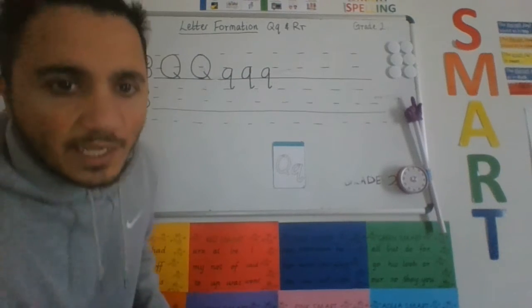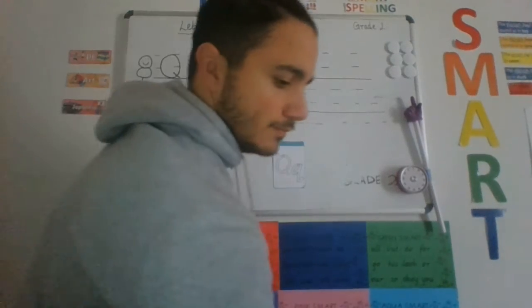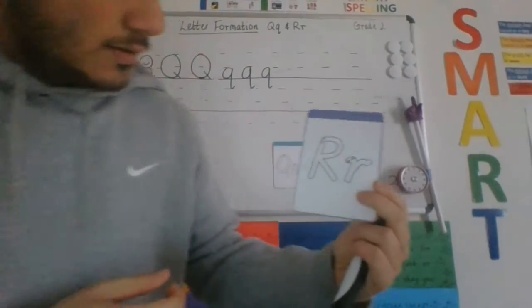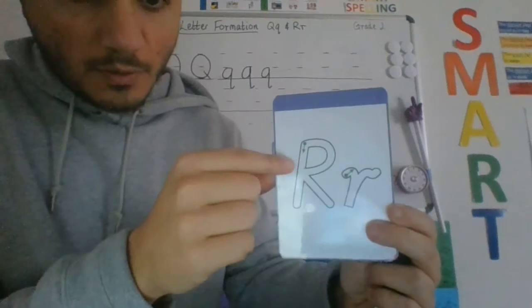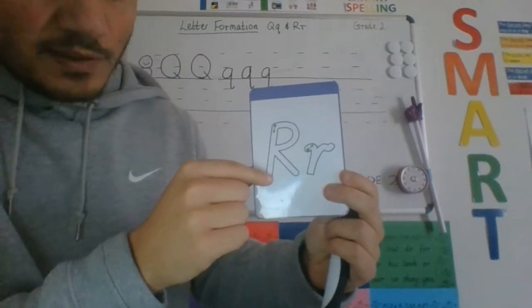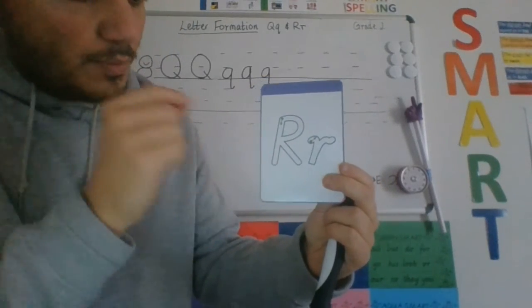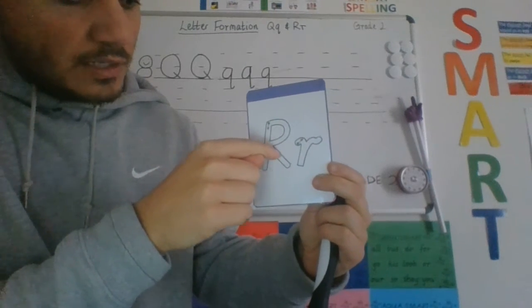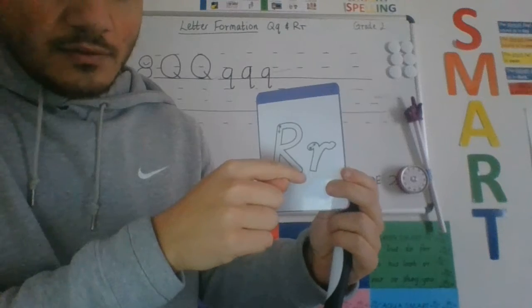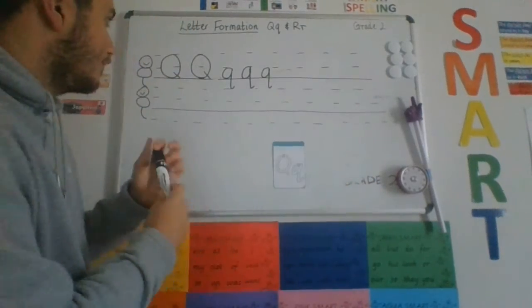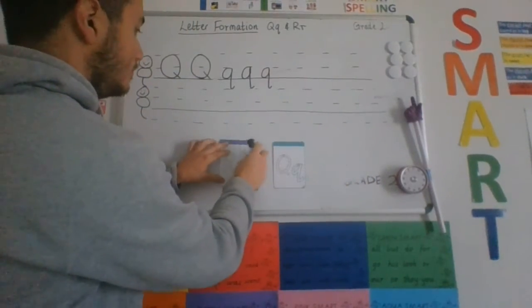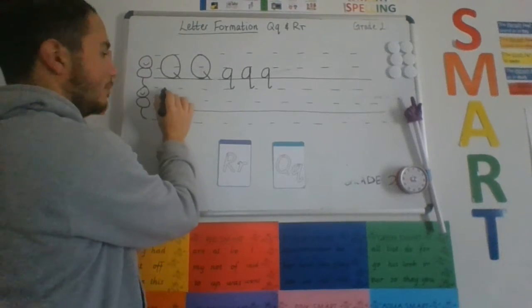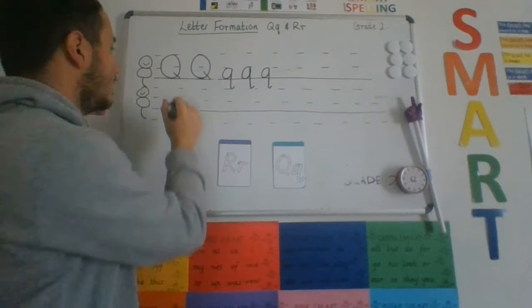Alright, let's start looking at the letter R. So letter R, we start by going straight down, then we take our pencil off the page, go back to the top, we go round, and then straight, then diagonal down for the capital R. Okay, it's a capital letter, which means it goes to the capital line like every other capital letter.